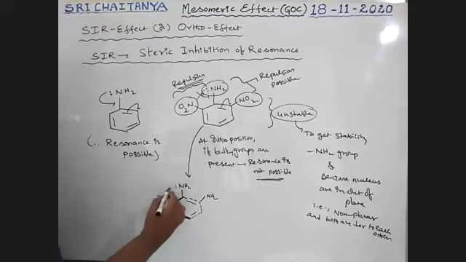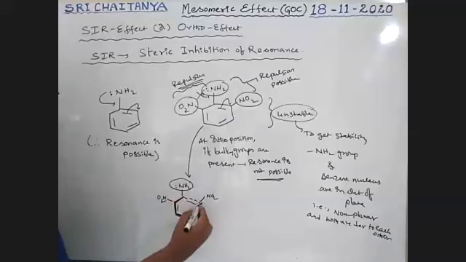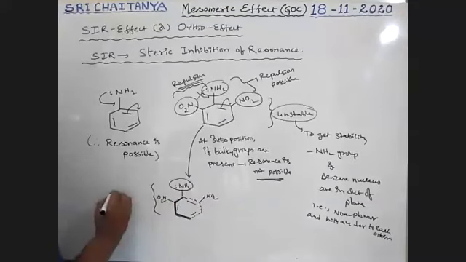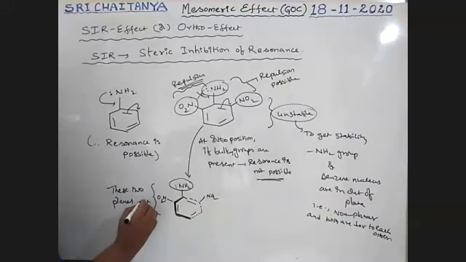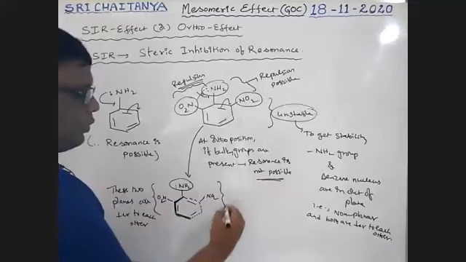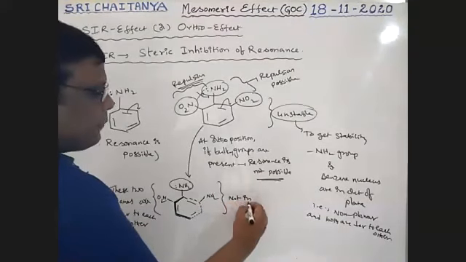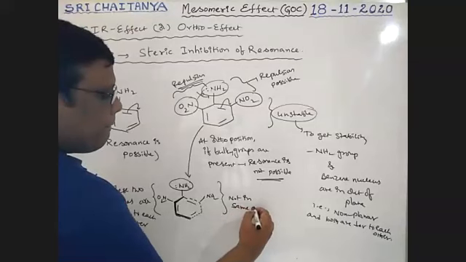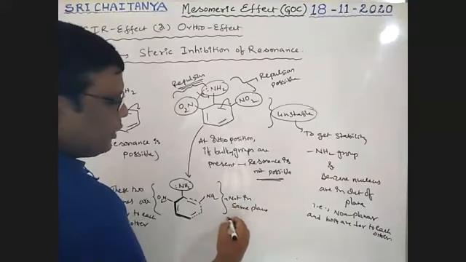These two planes, NH2 and benzene, are perpendicular to each other, not in the same plane, non-planar.